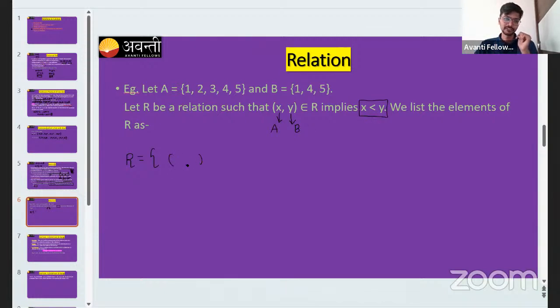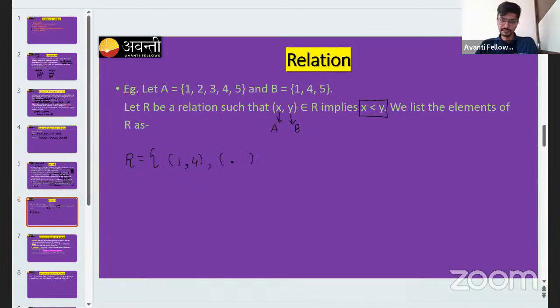So can you give me the first element from A? If I take 1, then I need to take a number which is greater than 1, then it will satisfy x is less than y. But that number should be from B. So I cannot take 1 here. I need to take 4.